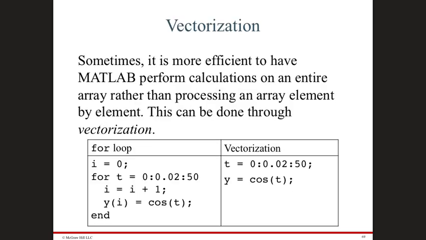Yeah, another important thing in MATLAB, it's highly advisable when you write your program to avoid using loops by doing vectorization. For example, if I want to add the values 1 plus 2 plus 3 plus 4 plus 5 up to 10, there are two ways to do this, okay? The first way to do this is to say for loop, right? And you are looping over some variable that ranges from 1 up to 10, right?